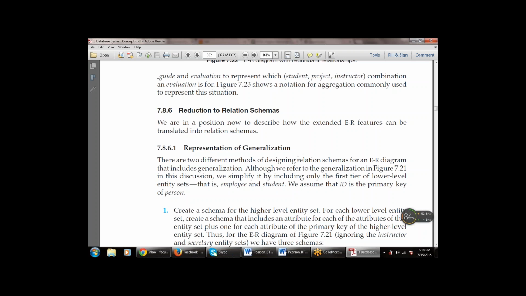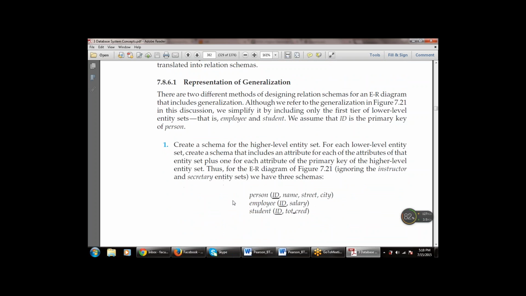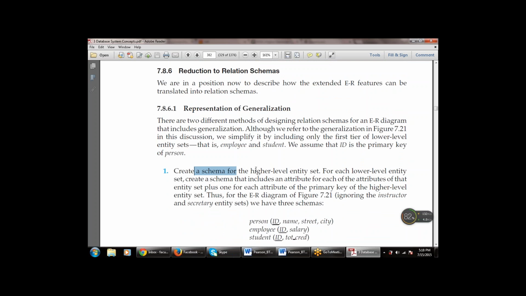There are two different methods of designing a relation schema for an ER model that includes generalization. The first method is to create a schema for the high level entity set.